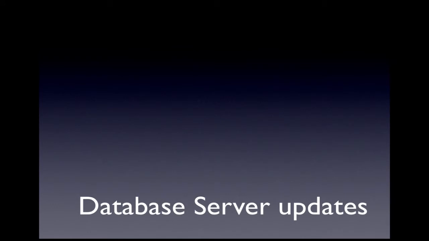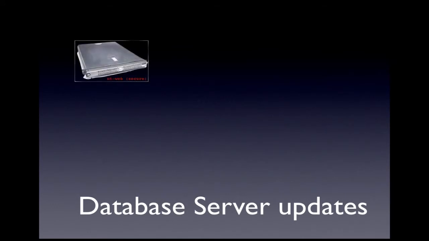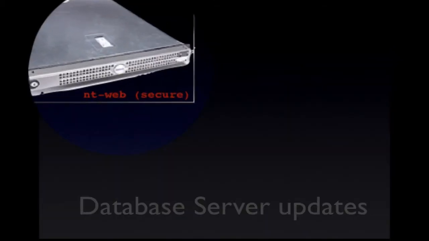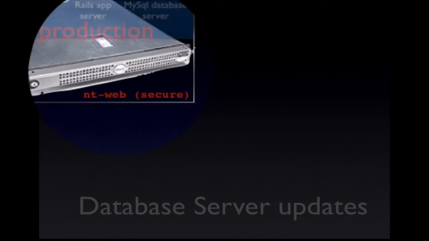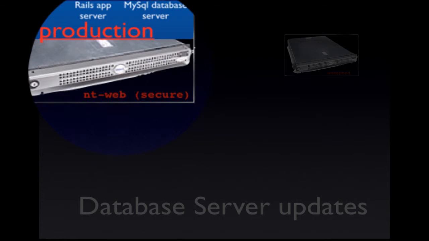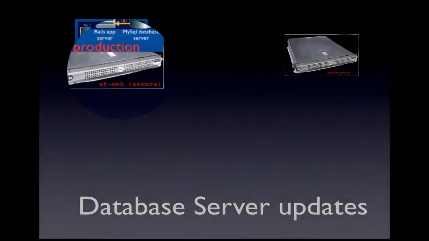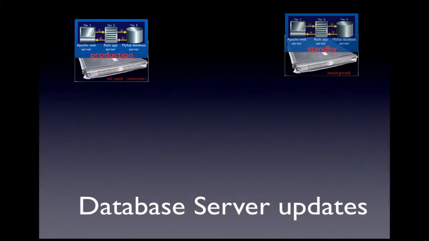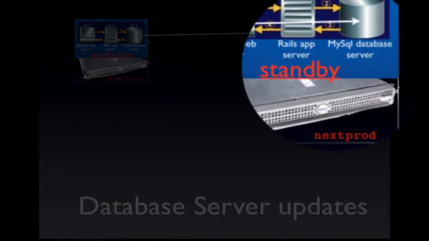Now I'm going to talk about database server updates. We have our production physical machine, we call NT Web, or also we call it secure. It has the production server in it, and this is our next prod physical machine, and it has the standby server in it.